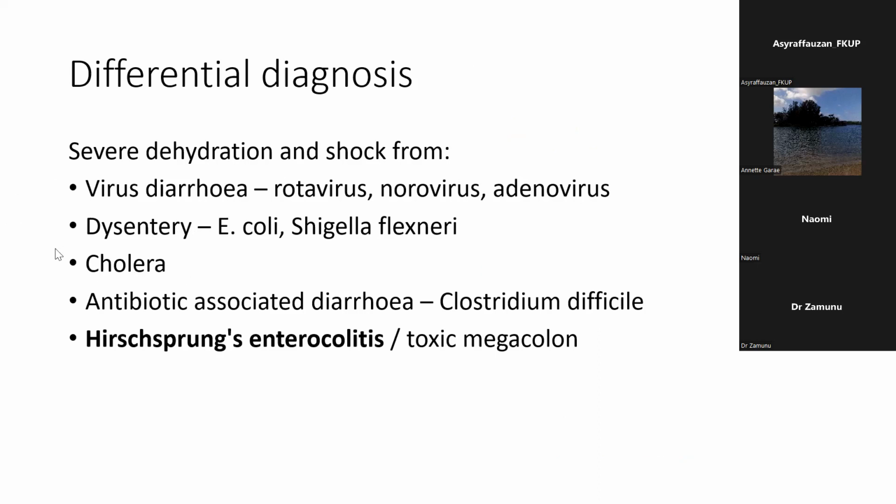So all these infectious diarrheas. And sometimes it can happen because of antibiotic-associated diarrhea, like Clostridium difficile. But in this case, the child had Hirschsprung's disease. And so this is a Hirschsprung's enterocolitis, or as I think Andre said, a toxic megacolon.